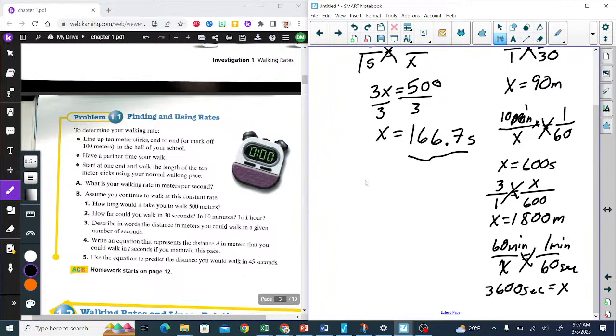And then I'm going to do the rest of my work over here. We've got 3 over 1 equals x over 3,600. We cross multiply, and we find out that we've got 3 times 3,600. That's 10,800 meters.